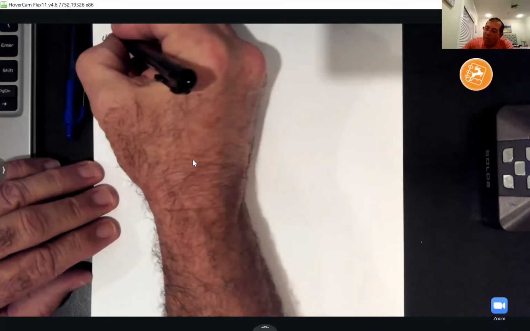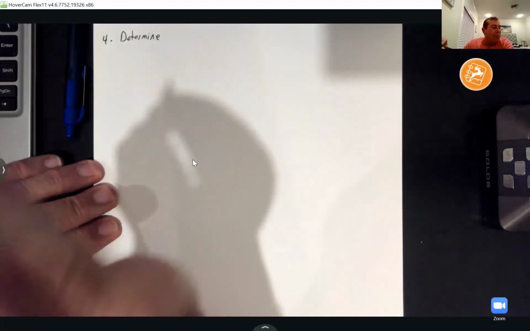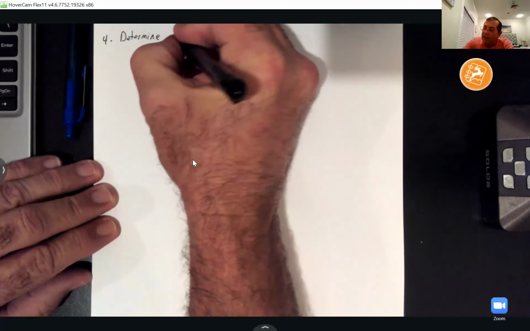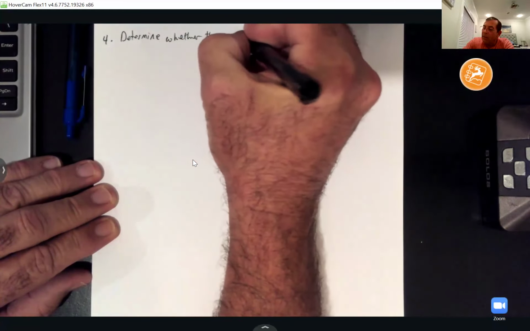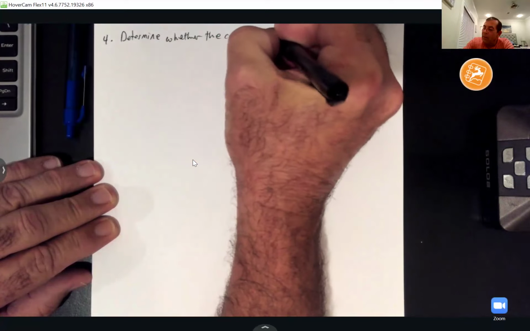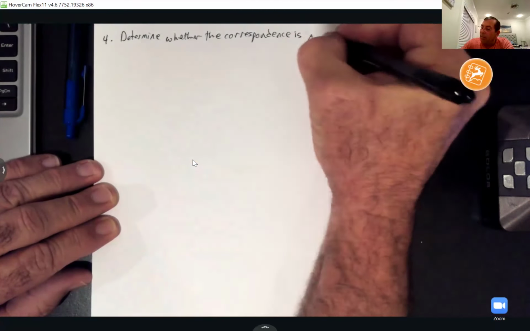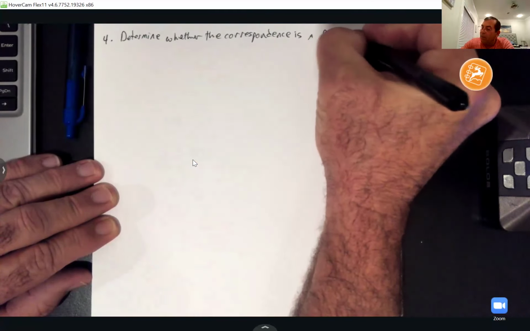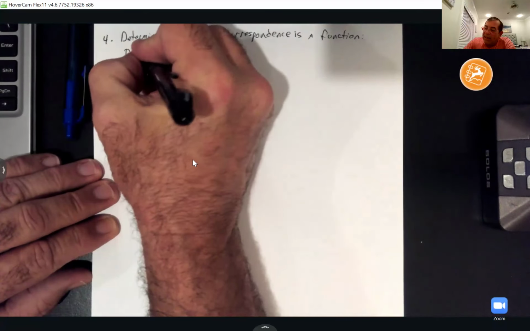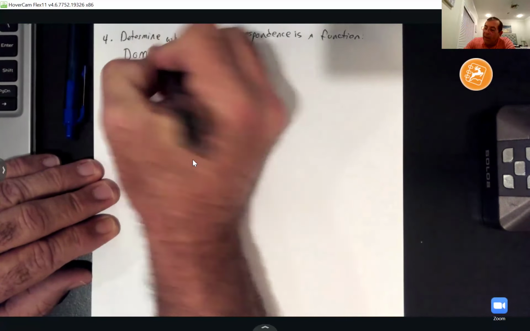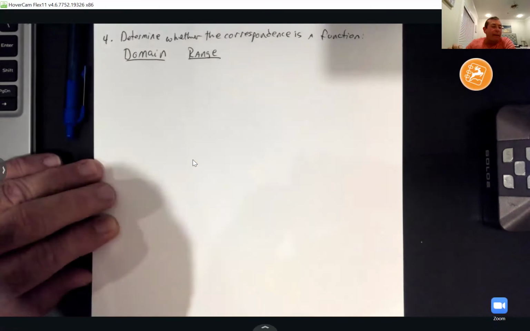So now number 4 wants to determine whether the correspondence is a function. So this is where I had a domain on one side, and then I had a range on the other side.